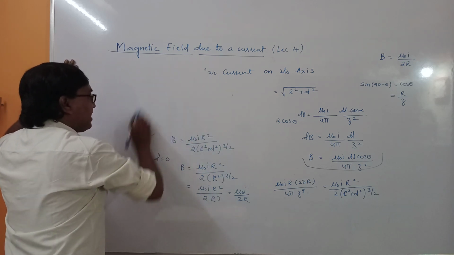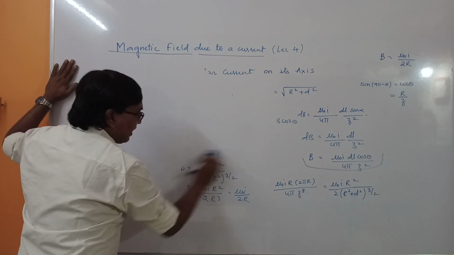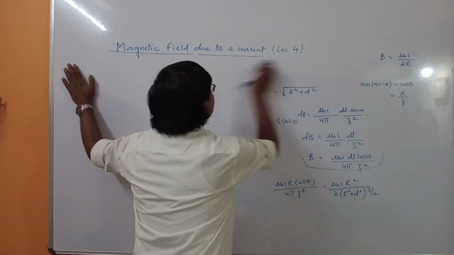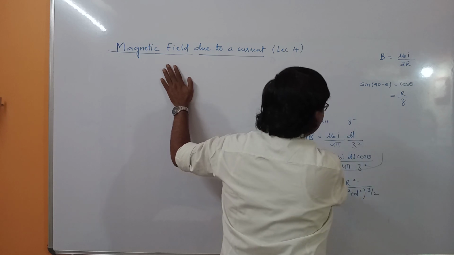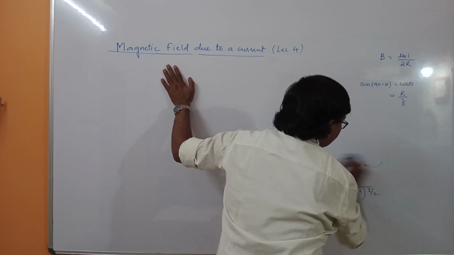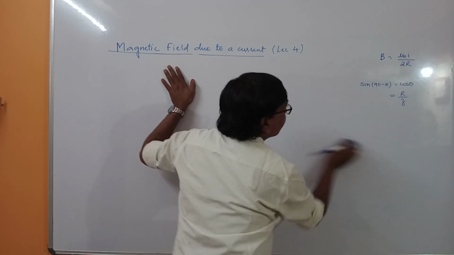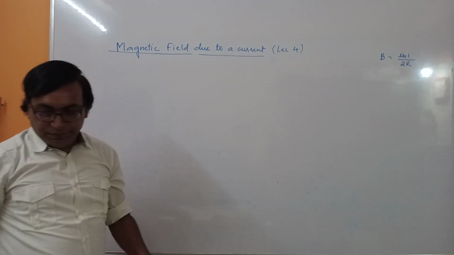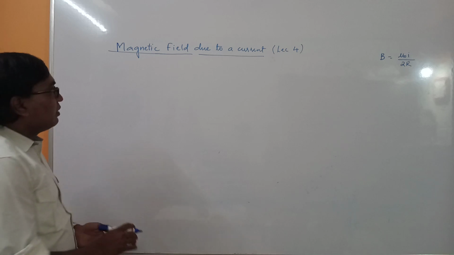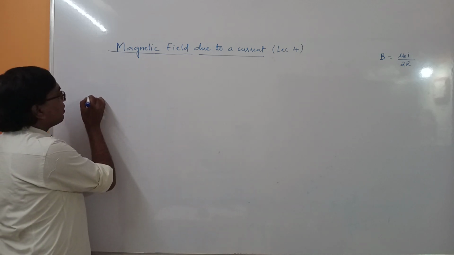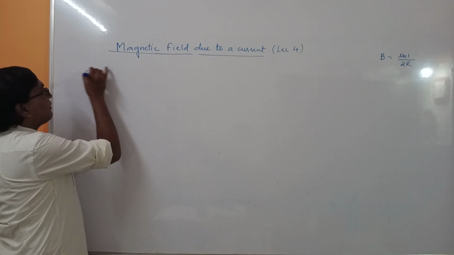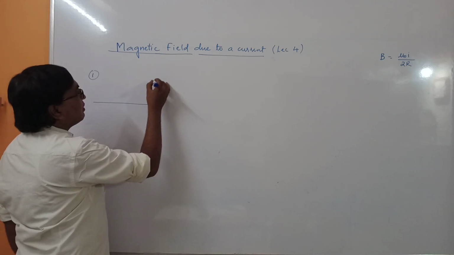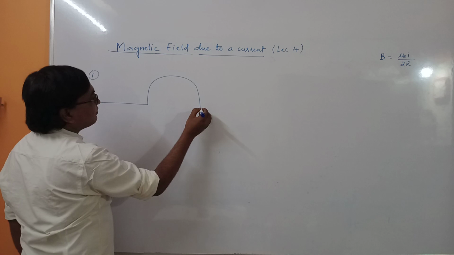So now let us understand by taking some examples. Example 1. Suppose you have a loop like this.